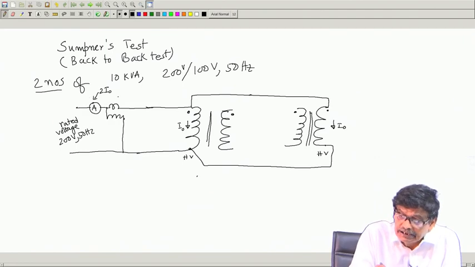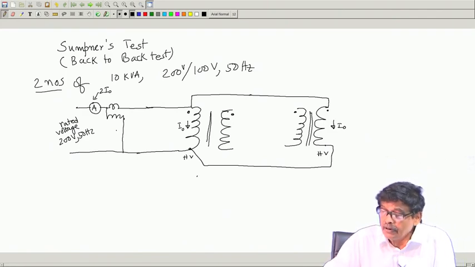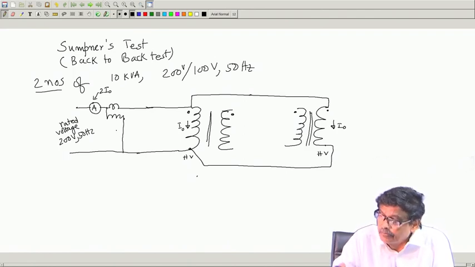And what is this wattmeter going to read? With the secondary open for both the transformers, the wattmeter will only record the core losses, the sum of the core losses of these two transformers, because rated flux is there in both.